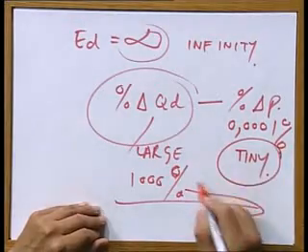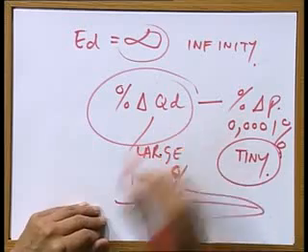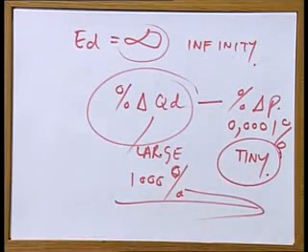We will come to this type of elasticity when we deal with perfect competition. So this is theoretical. We don't get this type of elasticity in reality, but you must be able to know this kind of elasticity. A slight change in the price will cause a large, infinite, immeasurable change in the quantity demanded.